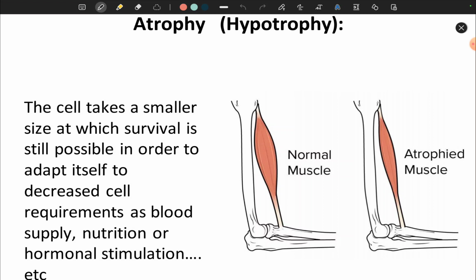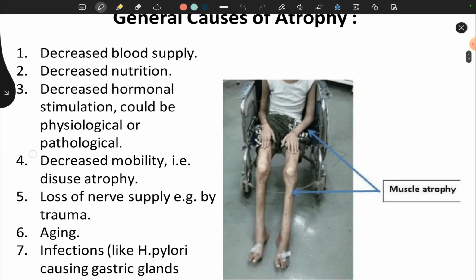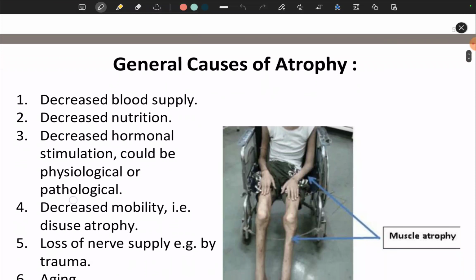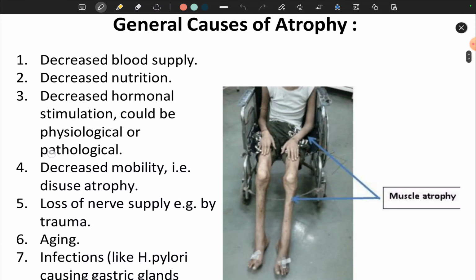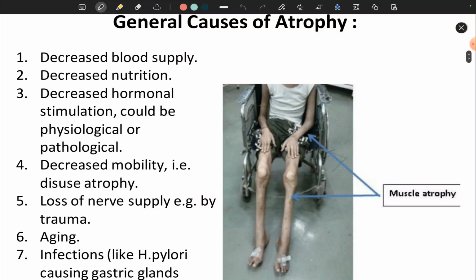Now what are the causes behind it? There are many causes, in fact. These are general causes of atrophy in the body, not only in the skeletal muscles; anywhere in the body, even glands will atrophy because of the same list of causes. Again, reduction in the blood supply on the top, decrease in nutrition, decrease in hormonal stimulation.